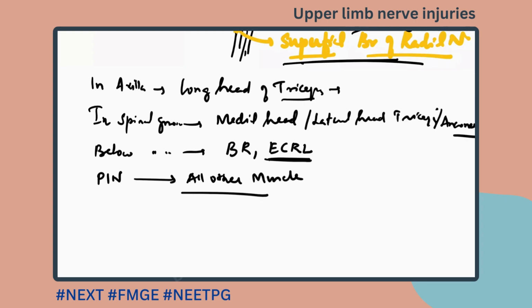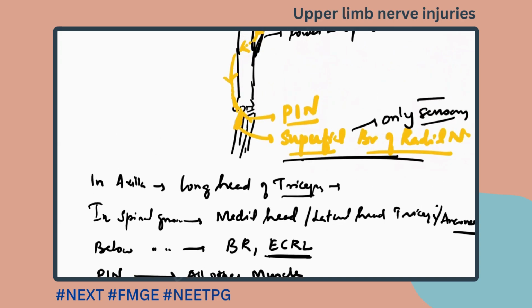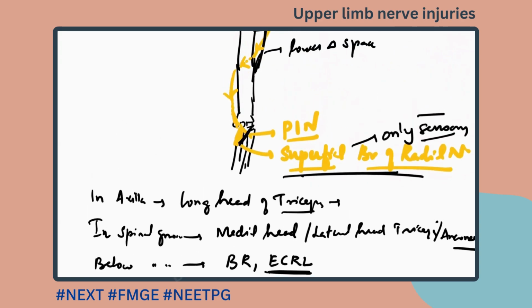Other muscles will also help, but one muscle which helps here is extensor carpi radialis longus. The muscles supplied by the PIN, the posterior interosseous nerve, will cause extension of the fingers. Now, suppose the radial nerve gets injured at this level and PIN alone gets damaged.